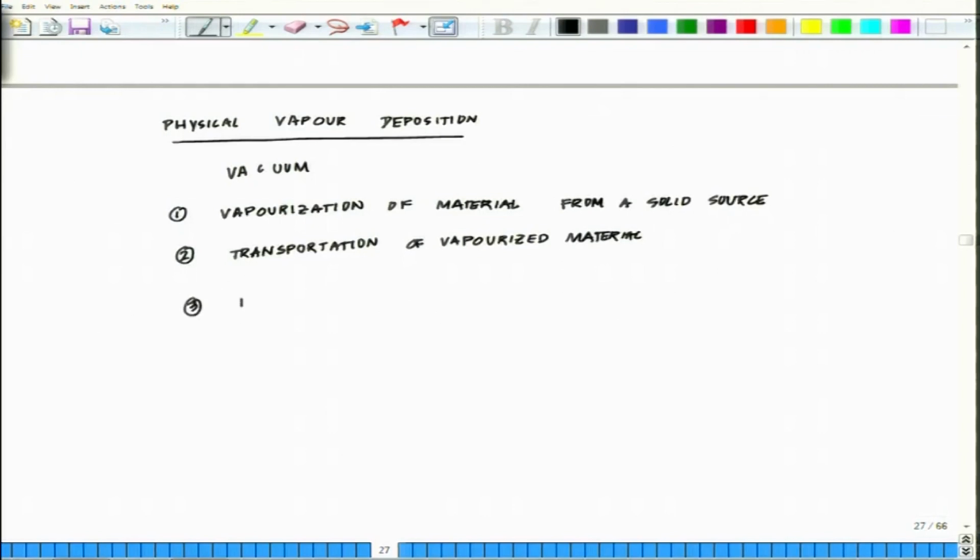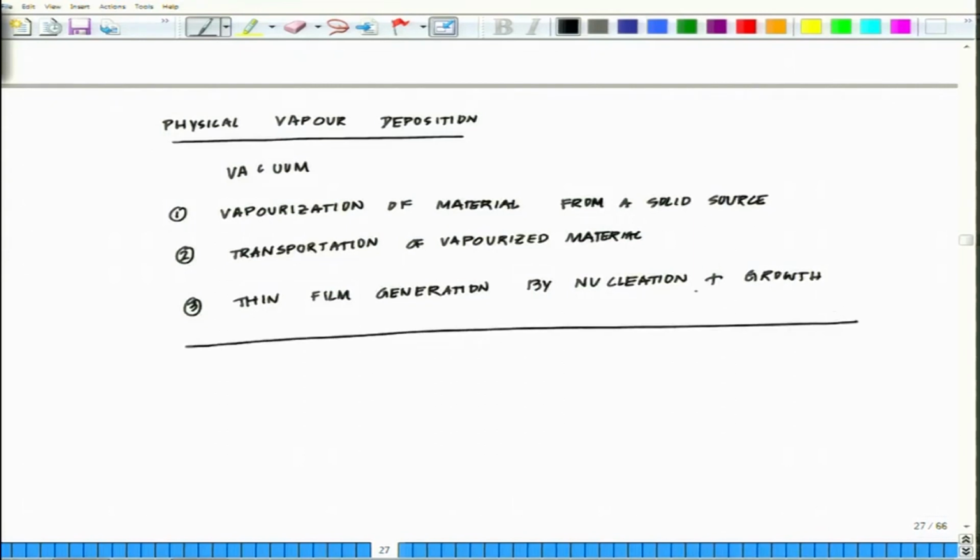So the whole area of thin film generation by nucleation and growth is dependent on these kind of physical vapor deposition.